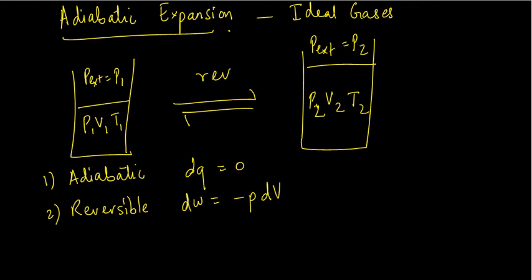Initial and final states. That's P1, V1, T1. That's what we want to calculate. We want to relate. Ideal gas equation. Great. That gives us the information that du is Cv times dt.